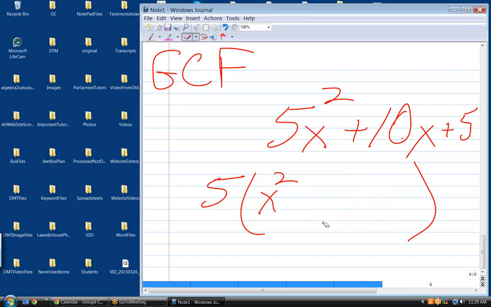The first thing I realize is I get x squared. Well, is 5 times x squared 5x squared? Yes. Okay, I did the first term right. Second term, I think it's 2. 5 times 2 is not 10x. It's not 2. But if I add an x, now it is. Same thing at the end. 5 times 1 is 5.